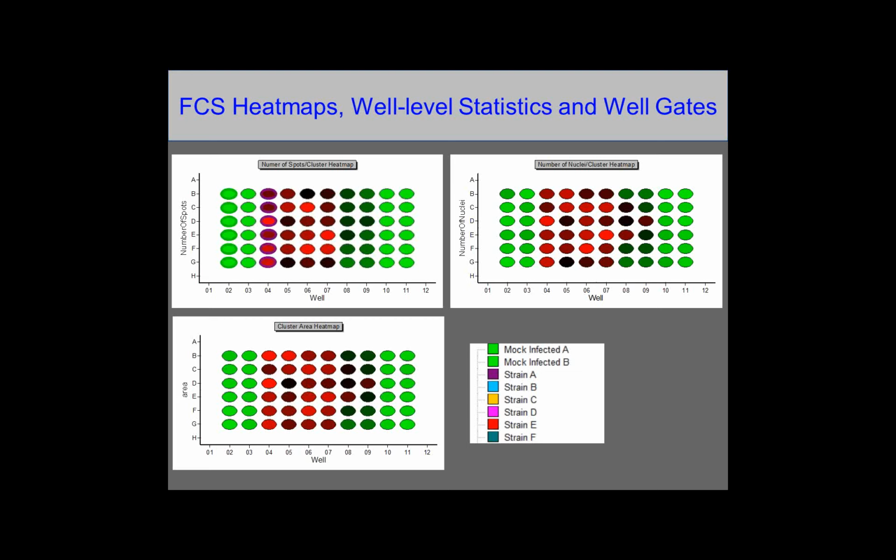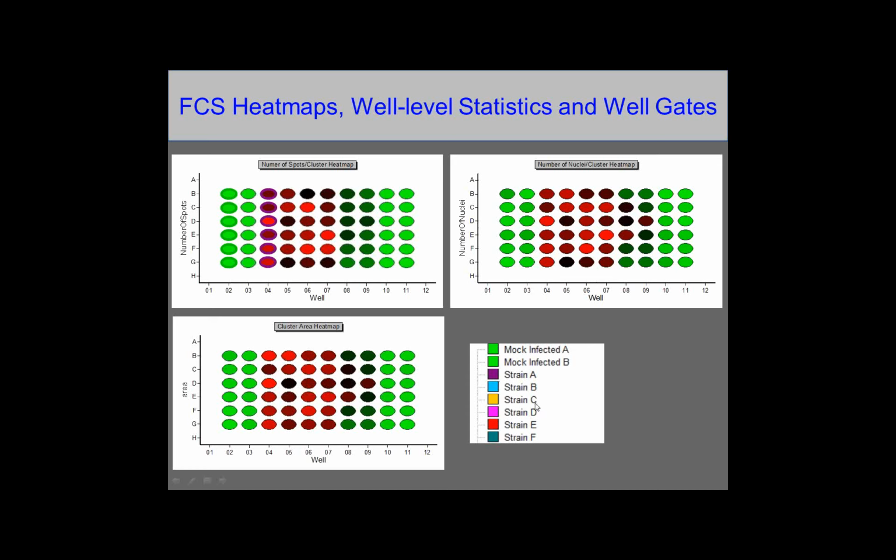Another nice feature of FCS-H4 is that we can create well-based gates, and here we created well-based gates on a per column basis, so we could pool 6 independent replicates for the same sample.